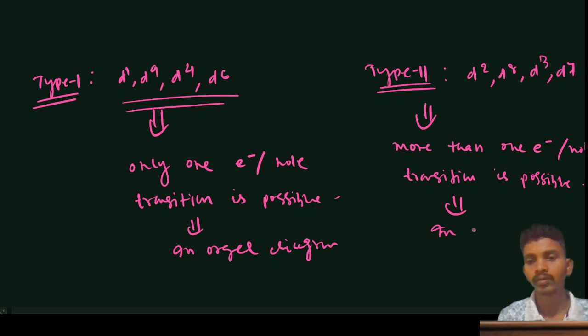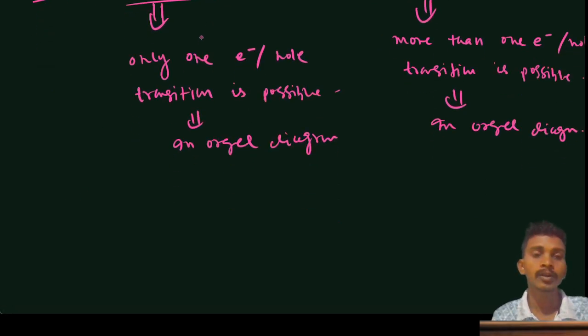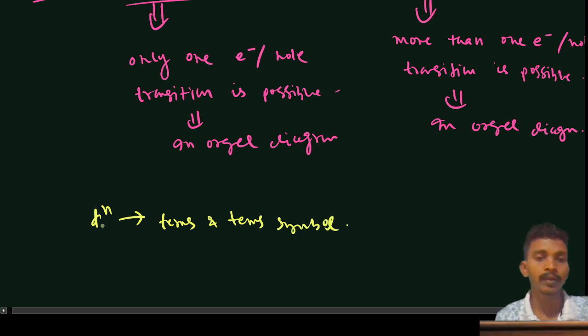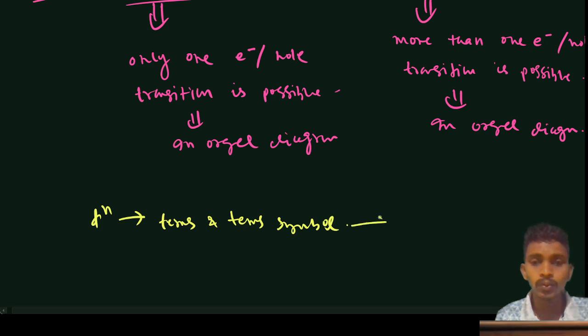Okay, so before we make the Orgel diagrams, it is very important to talk about the spectroscopic terms and the Mulliken term symbols, Mulliken notations, because from the d orbitals we have to go and make the terms. From the previous class, if the orbital electrons are given, if any d orbital is given, we used to calculate the terms and term symbols, and from the term symbols we will make the Mulliken notations.